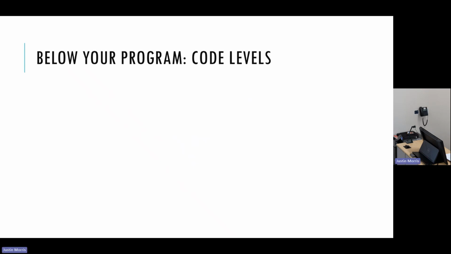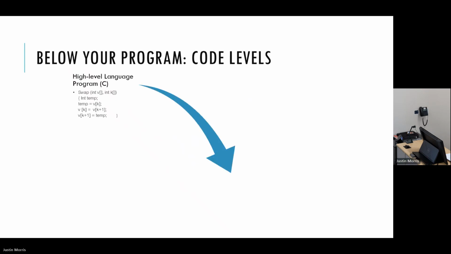So here are program levels. We start with a high level language like C code. This will be taken in by a compiler that will generate the low level assembly. The assembly are the individual instructions that are run on a processor.